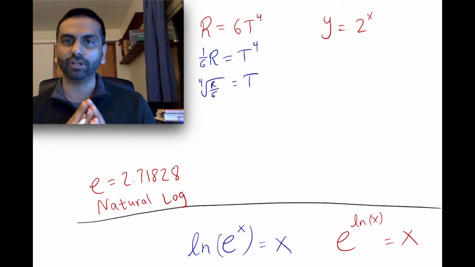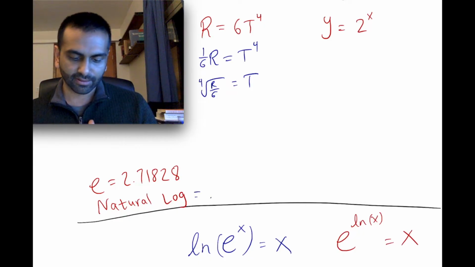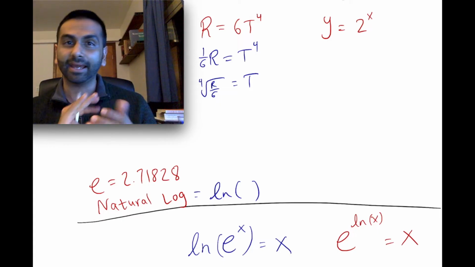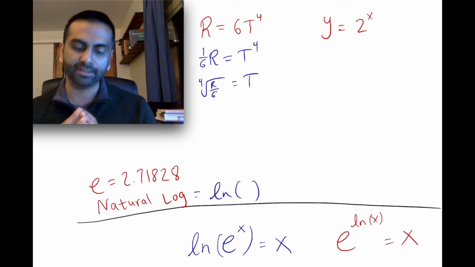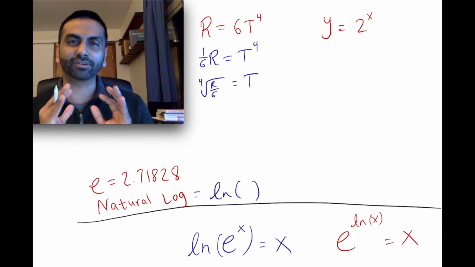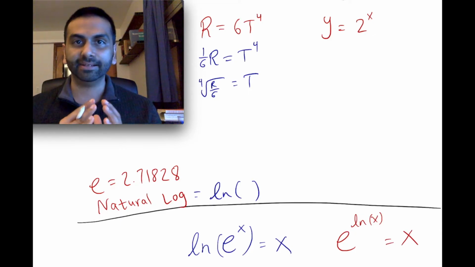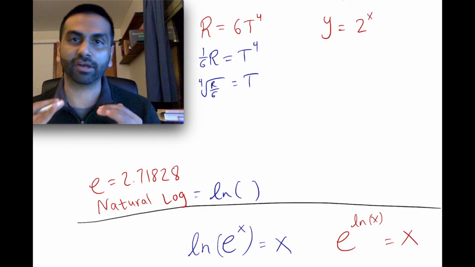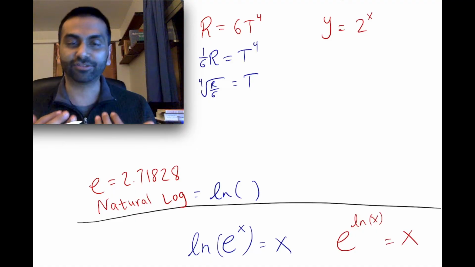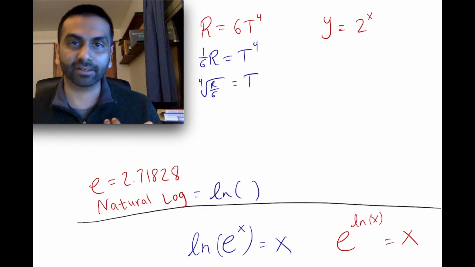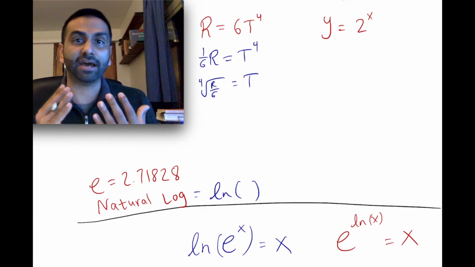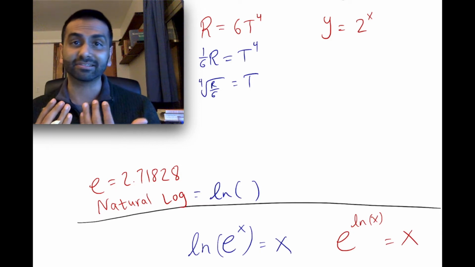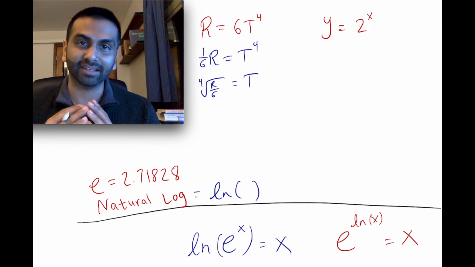The natural log, the ln, of a number, and again, this video isn't the place for it, so I'm not going to go into the details, but the short version is this. The ln of a number is just another number. So if I were to ask, what's the ln of 1,000, that's just going to be another number, and that number is a lot smaller. When you plug it into a calculator, it's going to be a number that's a lot less than 1,000.